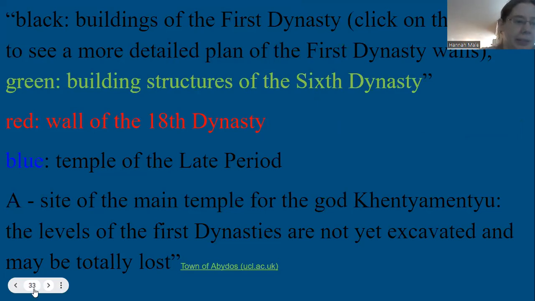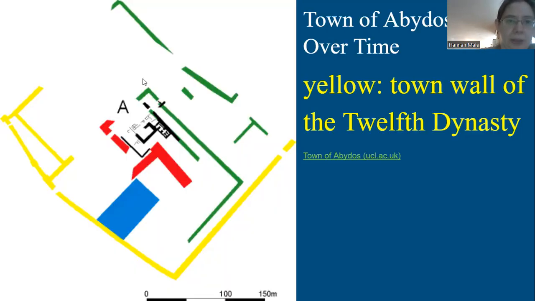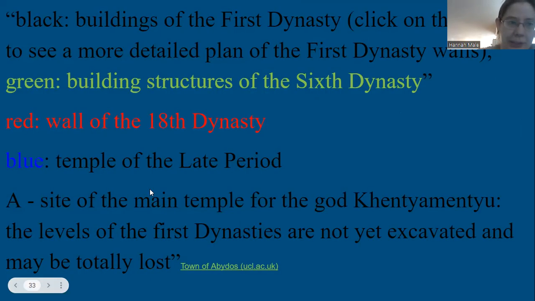And then the green is, so this is building structures of the 6th dynasty, so the Old Kingdom, and you can see here how some of that seems to overlap settlement layers of that first dynasty or early dynastic period.